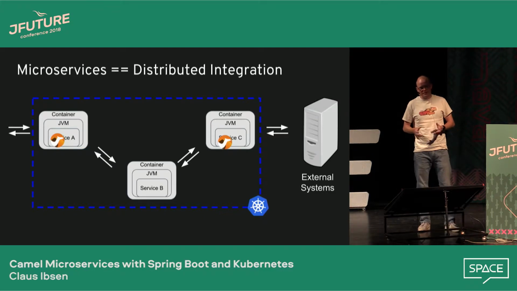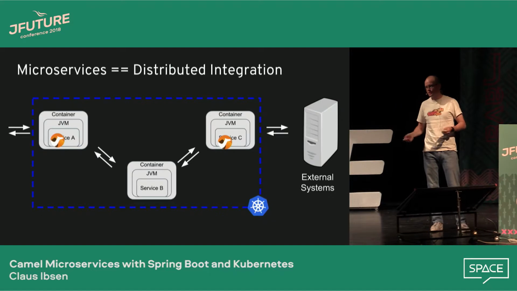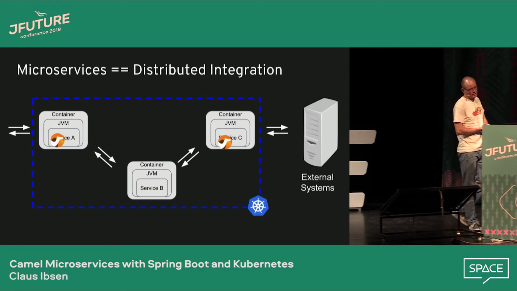That can make very good sense to use Camel because Camel comes with more than 200 components, so it makes it easy to connect to different external systems. For example, the external system could be a legacy system, it could be an Oracle database or whatnot. Camel has components for JDBC, SQL, and so on. So that's where it can make sense.